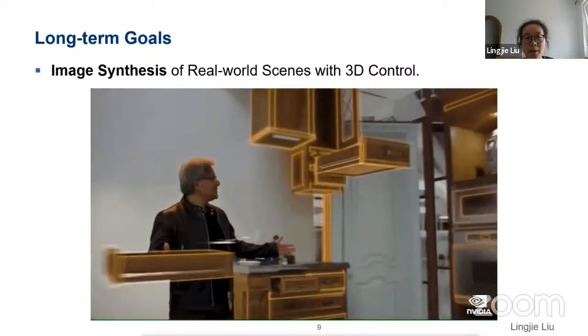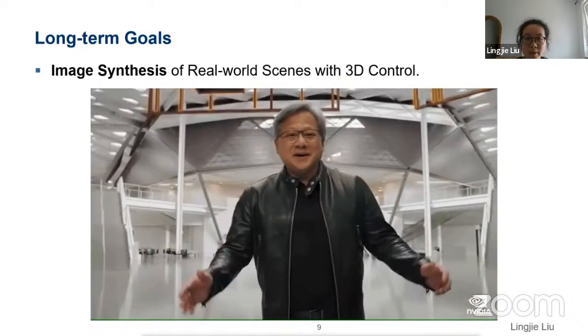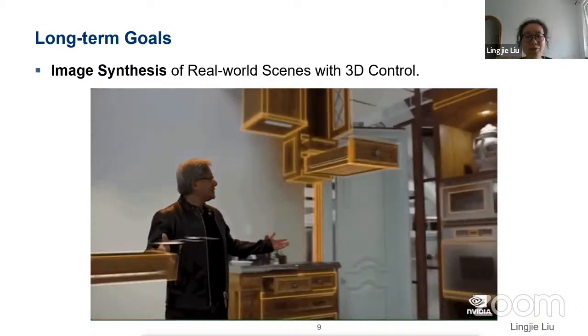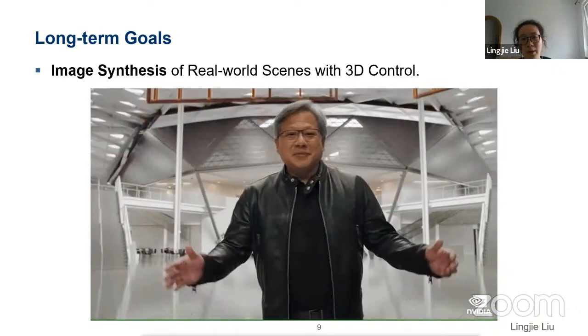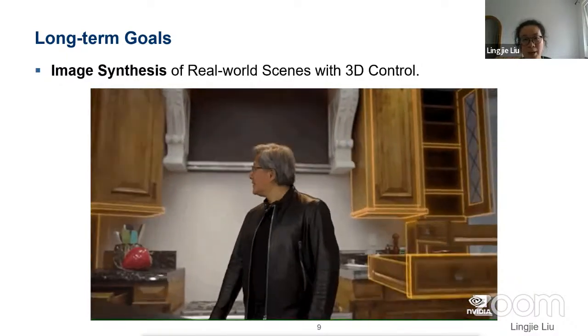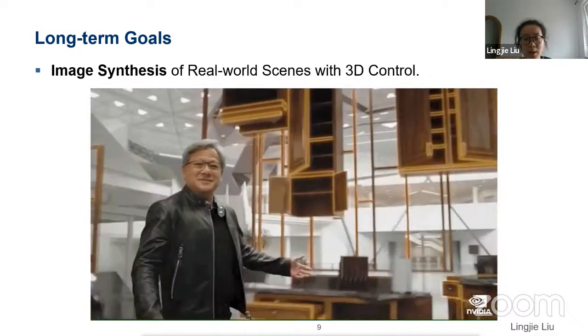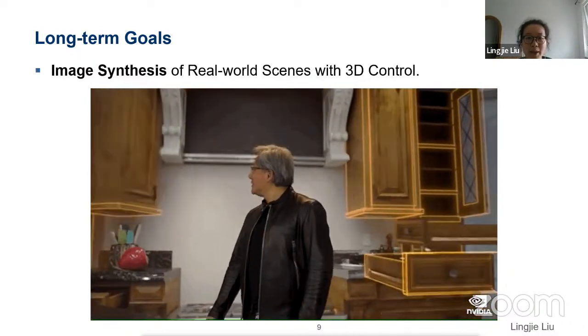And given the reconstruction of real-world things, it's critical to synthesize photorealistic imagery indistinguishable from the real world, and allow user control over 3D content. For example, here, a digital object in the kitchen can be edited and recomposed.